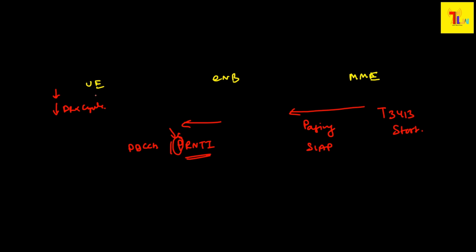DRX cycle means it will show you the paging occasion, continuously while the DRX cycle is on. When the UE receives any PDCCH with the P-RNTI, the paging is done through RRC.